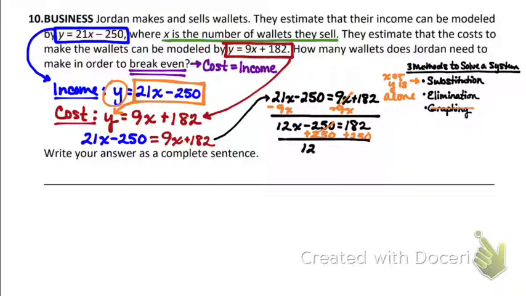So I have 12x equals what? 432. Divide both sides by 12. And what do we get for x when I divide 432 by 12? 36.